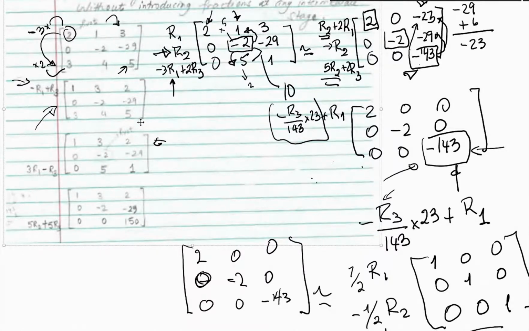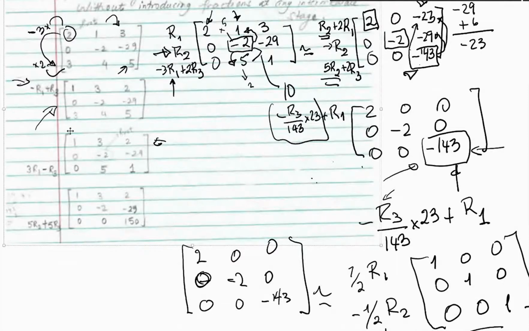Then you say 3 row 1, and now you have a 1 here, and then you say 3 row 1 minus row 3. I used to say minus 3 row 1 plus row 3, but anyway, it works. And then you say 3 minus 3, 0, 1 minus root 3, here 0, 9, 5, 6, 1.